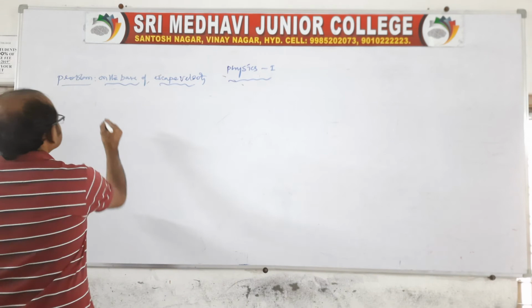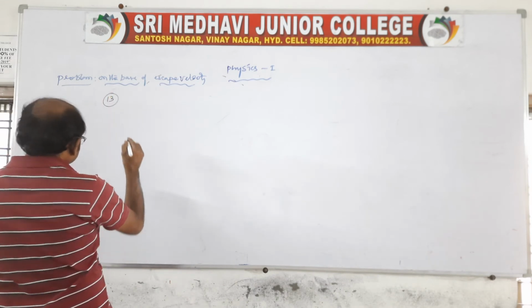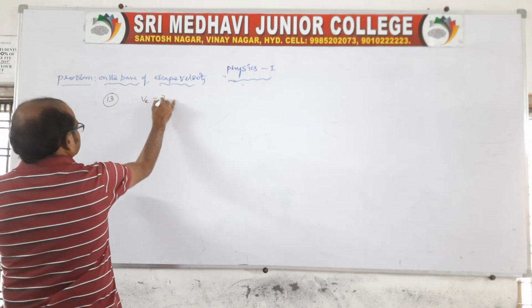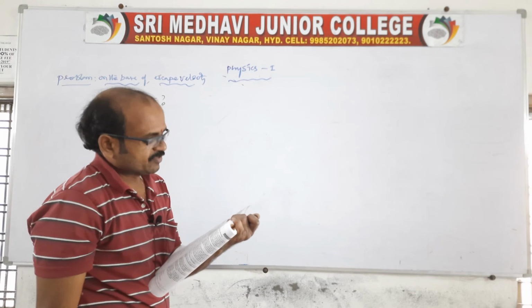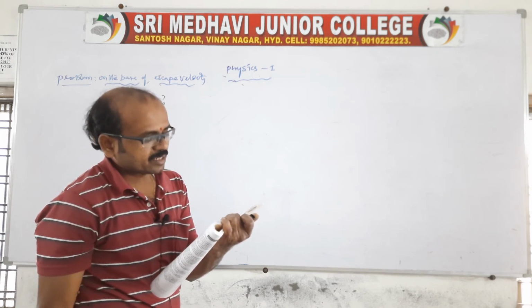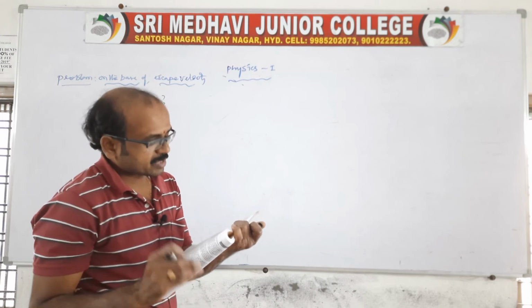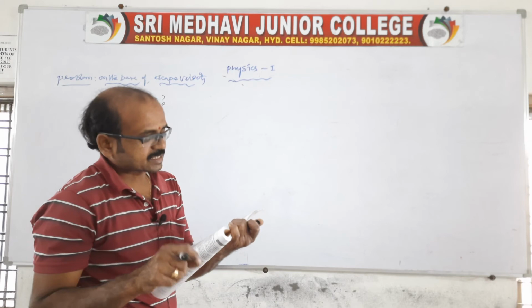Question number 13. Calculate the escape velocity of the body. It is asking V_E, the escape velocity of the body. If the Earth were made of wood, its mass would be 10% of its current mass.